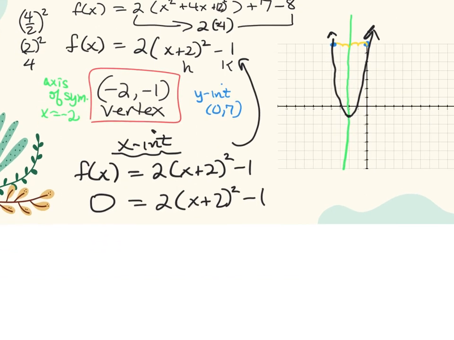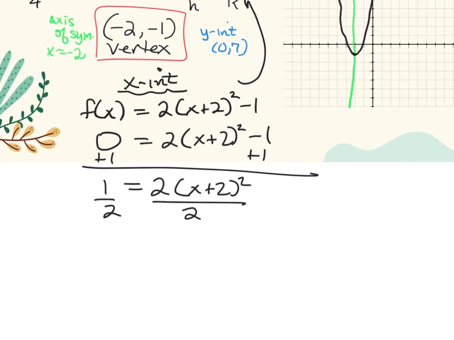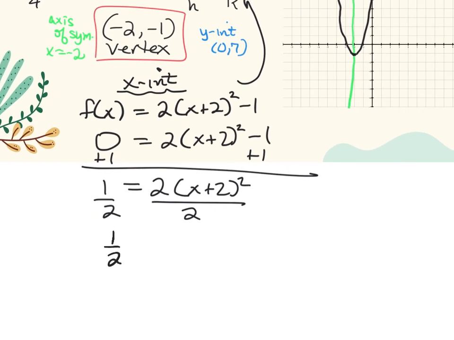Now let me move the 1. 1 equals 2 times x plus 2 squared. Divide by 2. So 1/2 equals x plus 2 squared. Square root both sides.